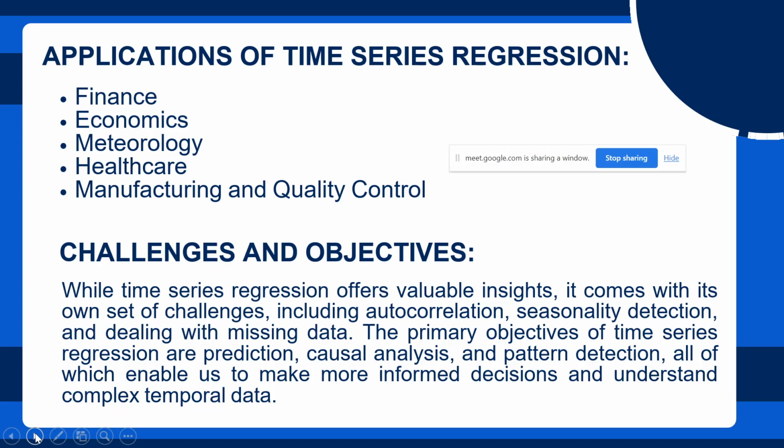And next is seasonality detection. Identifying and accounting for seasonal patterns in the data is crucial for accurate modeling, as certain variables may exhibit regular fluctuations at specific times of the year. And next is dealing with missing data.